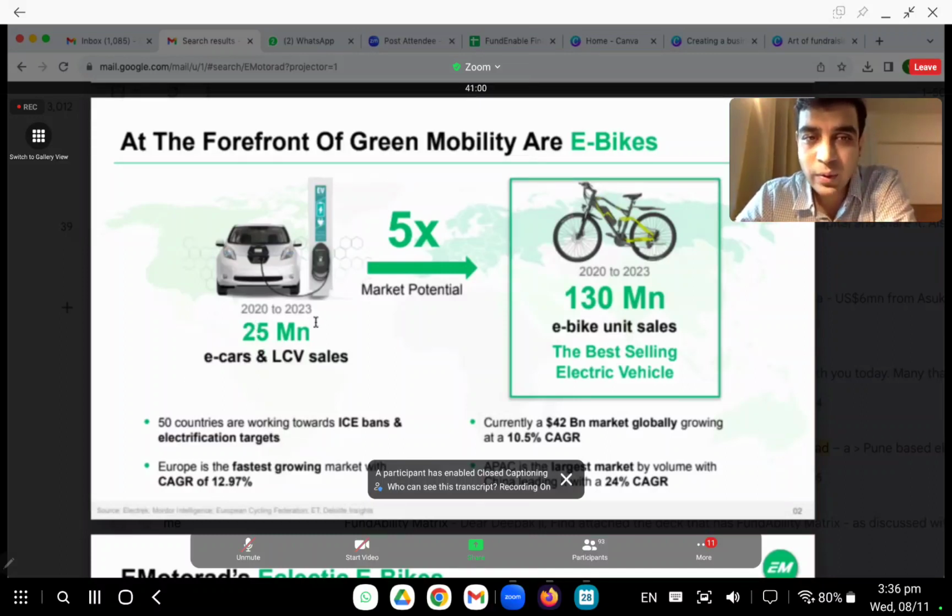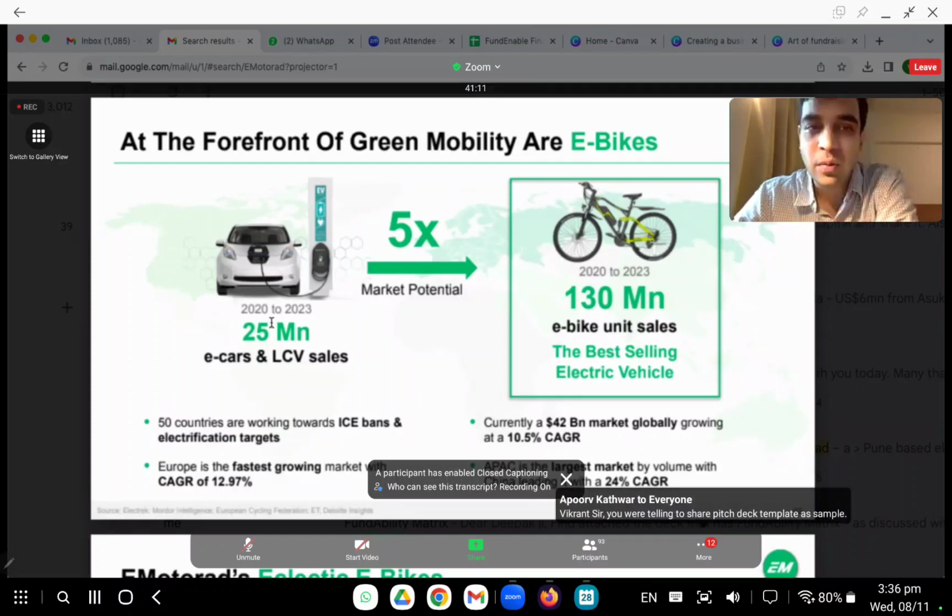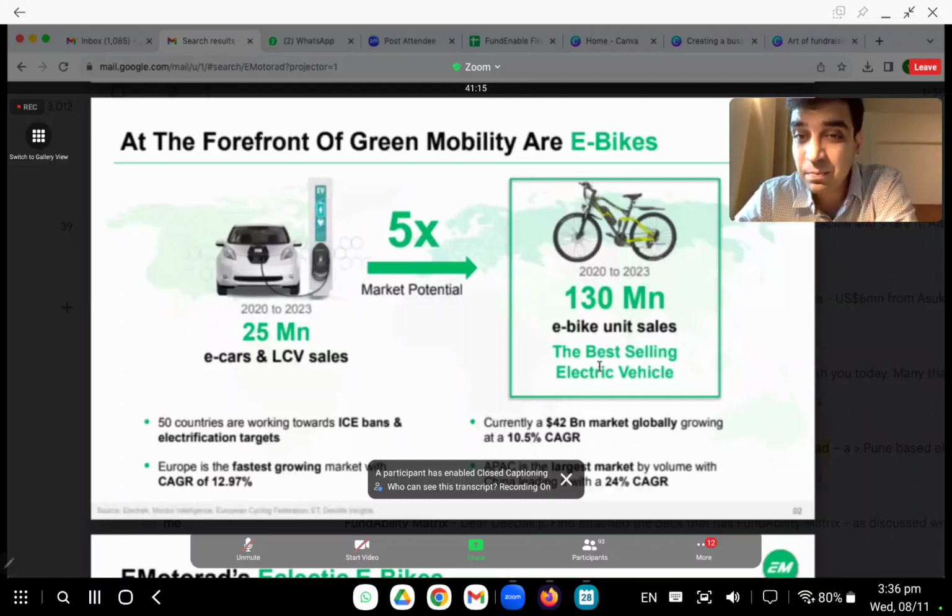Between 2020 to 2023, 25 million electric cars were sold, right? And especially in Europe, 25 million electric cars were sold. But in the same period, 130 million electric cycles were sold, right?